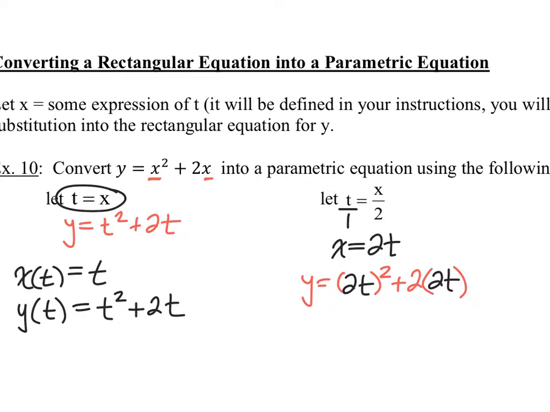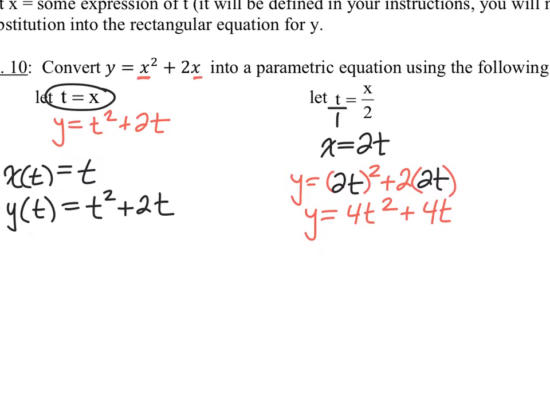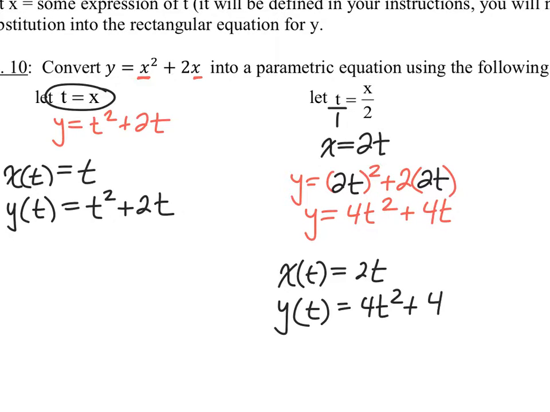If it doesn't say to simplify, then there's no need to, but I'm going to do it. So 4t squared plus 4t. And so just to get it in the appropriate form, we're going to rewrite: x of t is equal to 2t, y of t is equal to 4t squared plus 4t.